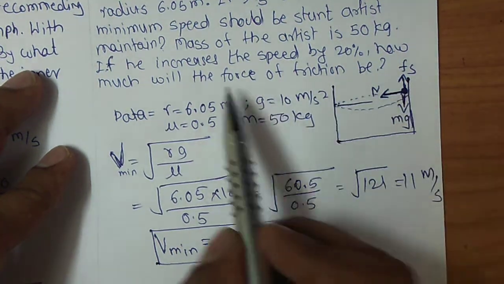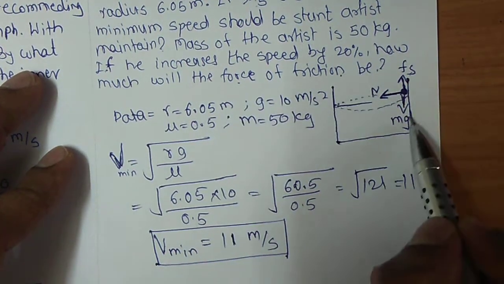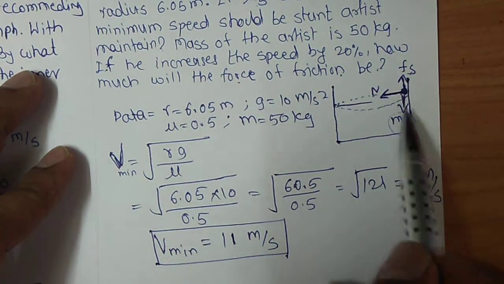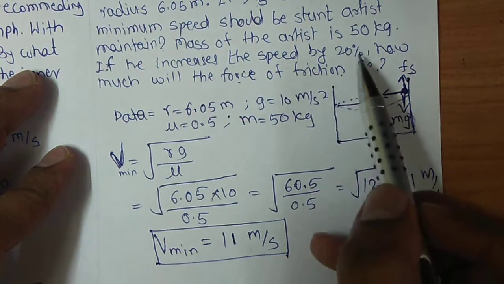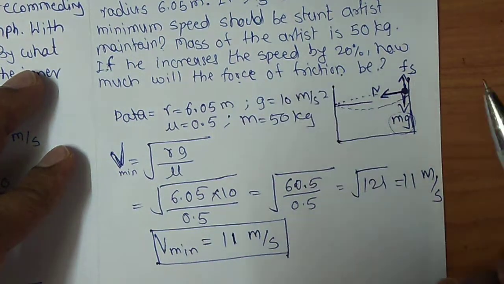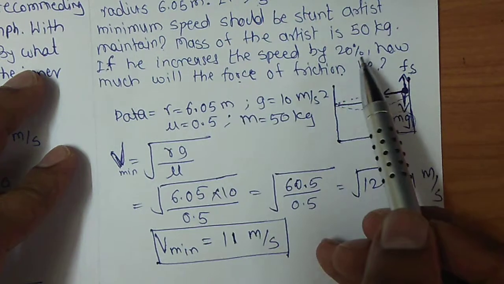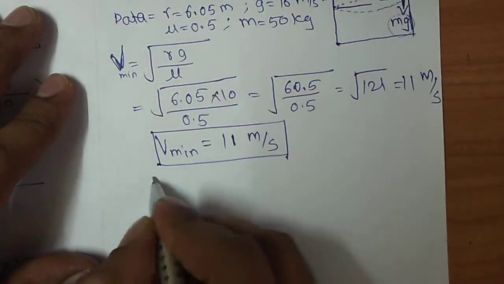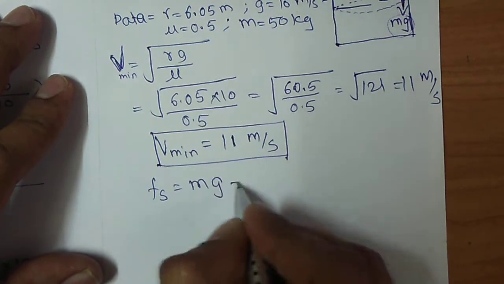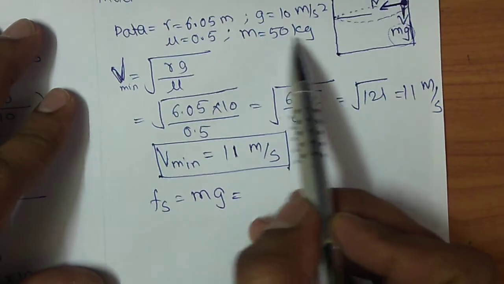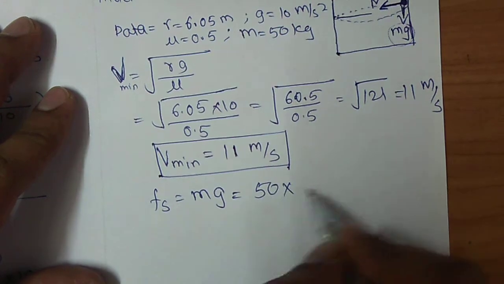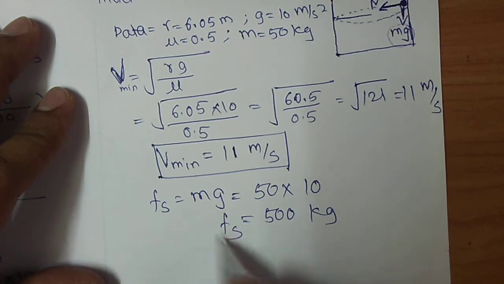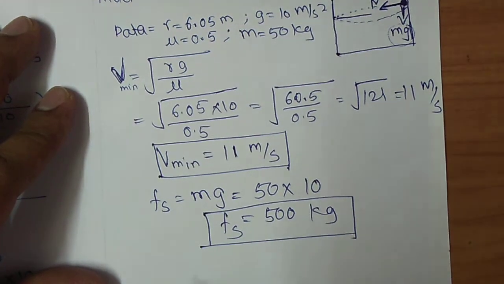Okay, so to find out the force of friction, we have to find out its weight. So there is no relation between speed and force of friction. So even though he increases speed, there will not be any change in the force of friction. So to find out the force of friction, we have to find out m into g. So what is mass? Mass is 50 kg. So 50 into g, that is considered to be 10. So the final answer is 500 N. Okay, thank you.